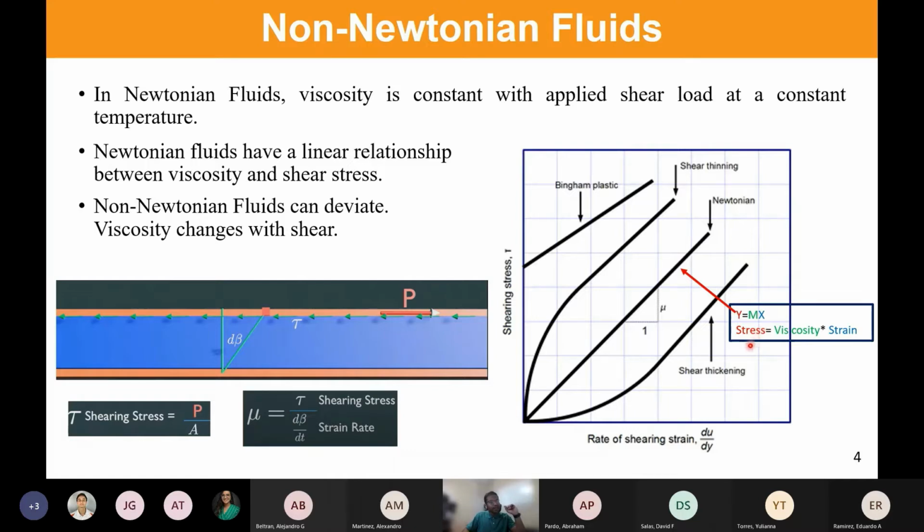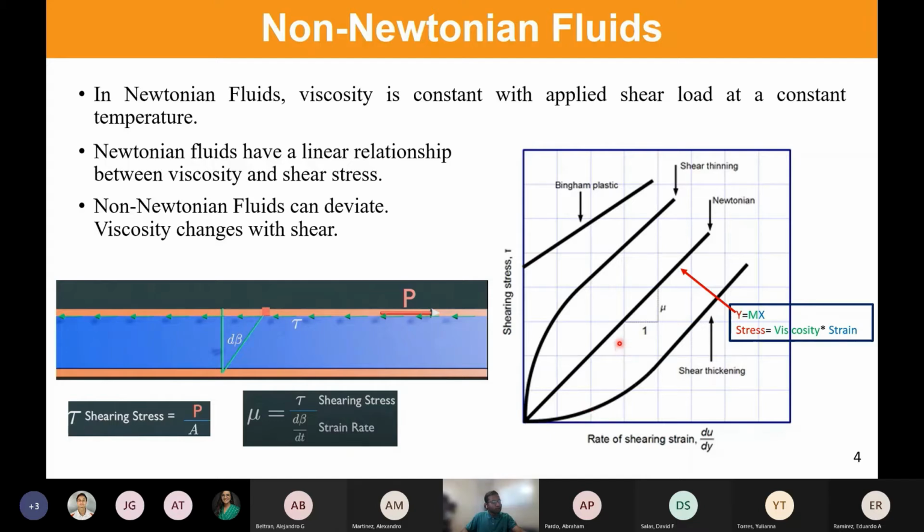Then all you have to do to figure out the strain rate is plug them into this equation, measure the stress or how much force you are applying, and you can figure out the strain. So this straightforward assumption of liquid property, and the liquids that carry out this assumption, we call them Newtonian liquids.